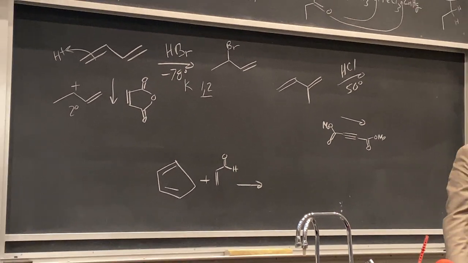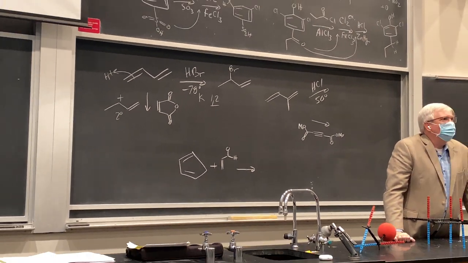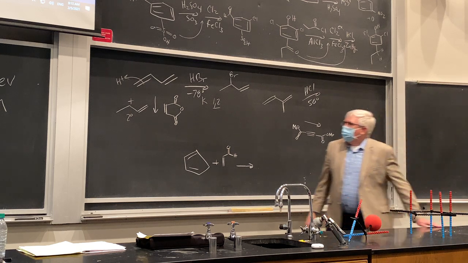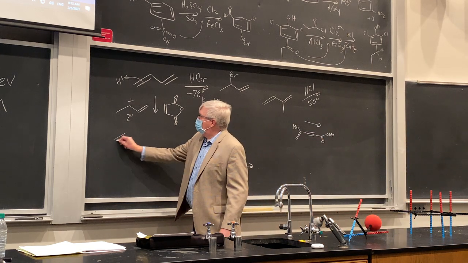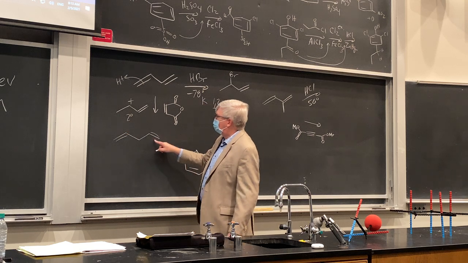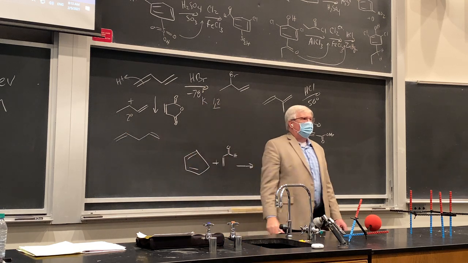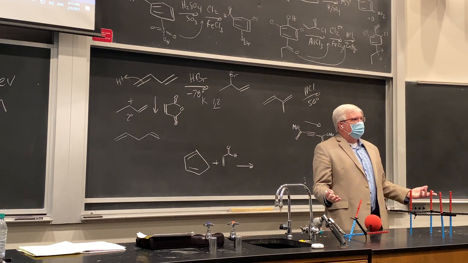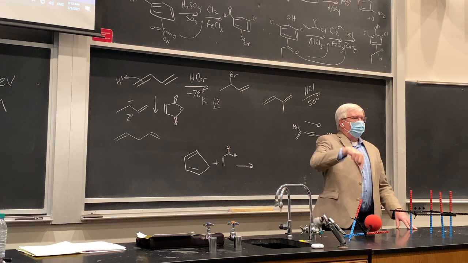Yes? Mm-hmm. Yeah, if it's an isolated diene, you just treat those as regular alkenes from 351. You do the Markovnikov protonation on the end, secondary carbocation, and attack there.